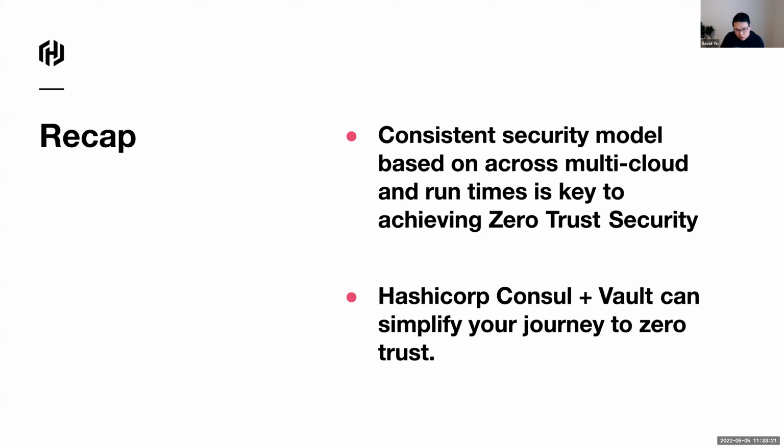We recommend that you use HashiCorp Consul and Vault together as you start your journey with zero trust because it provides a foundation for your services that run across your different runtimes. As you saw today, it's pretty simple to set up. It allows you to leverage all the principles that we talked about and run this securely.